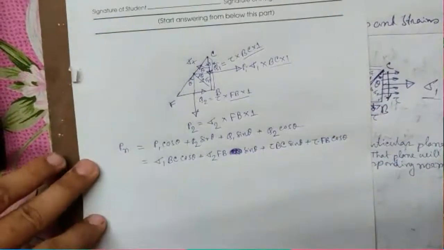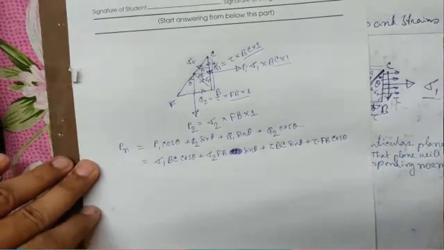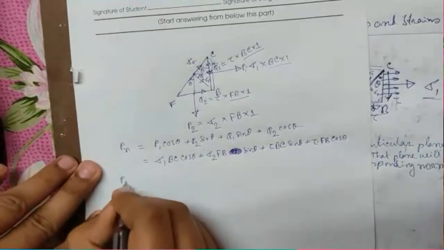Now similarly, the total tangential force along the CF can be written as PT.